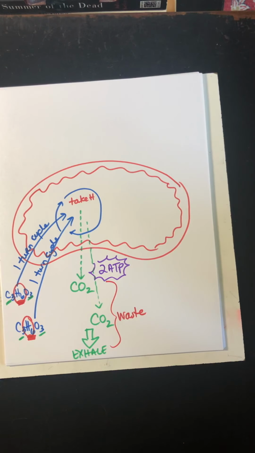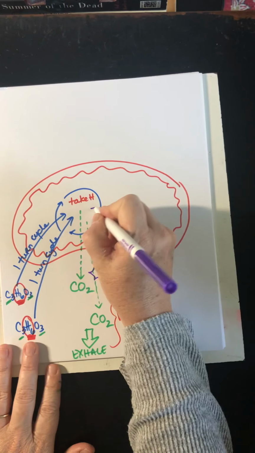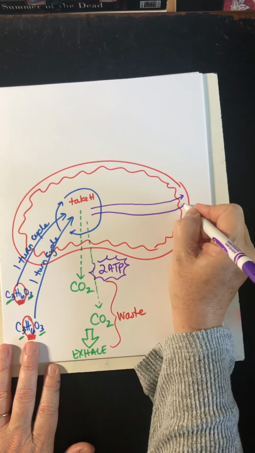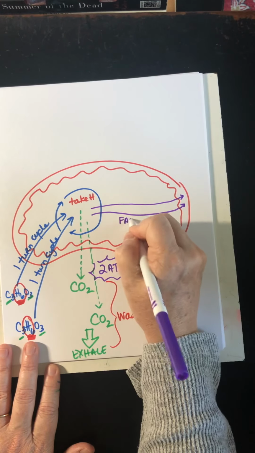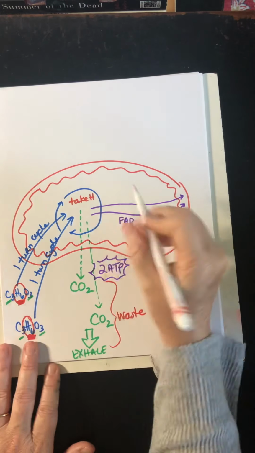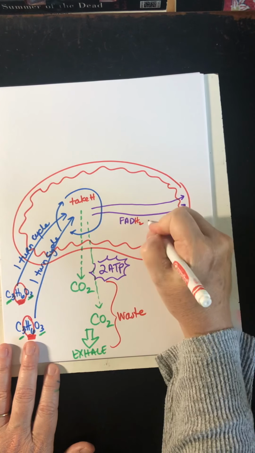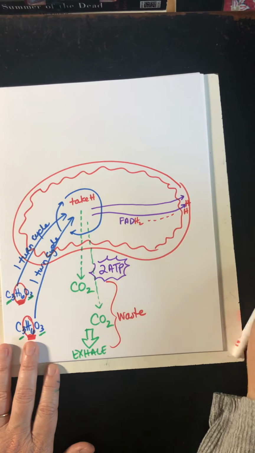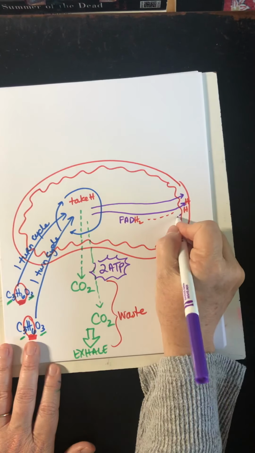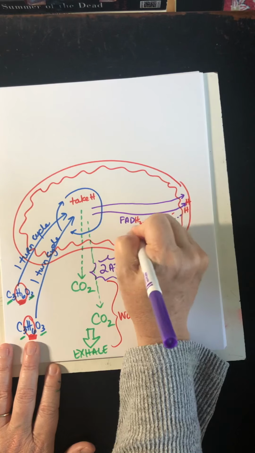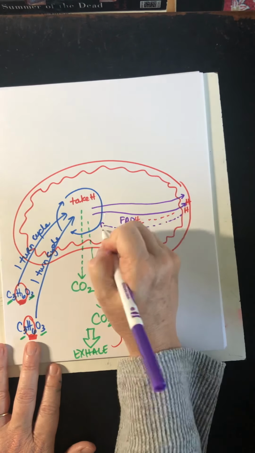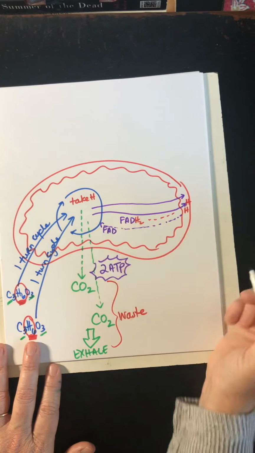So coming away from Krebs cycle, you're going to have FADH2, and he's going to deliver his 2 hydrogens, and then he'll come back to Krebs cycle as FAD to pick up more.